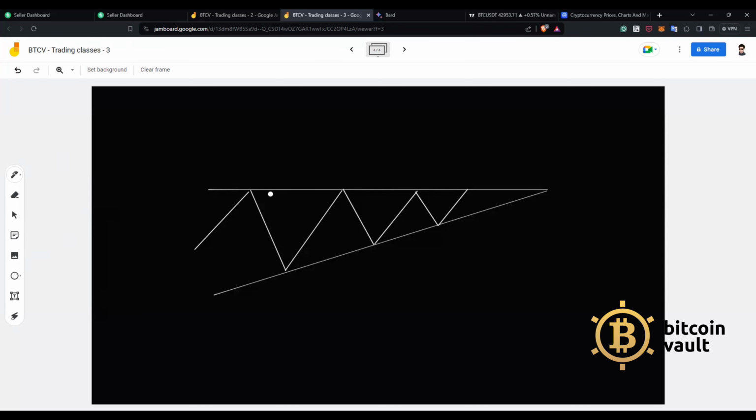Now, who do you think is more powerful? Buyers or sellers? Who is going to win is a different case that we will discuss later. But what do you think when you look at this kind of pattern on your screen? Who is more powerful, buyers or sellers?